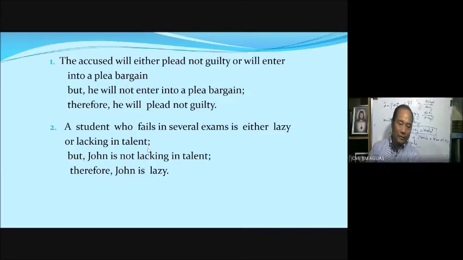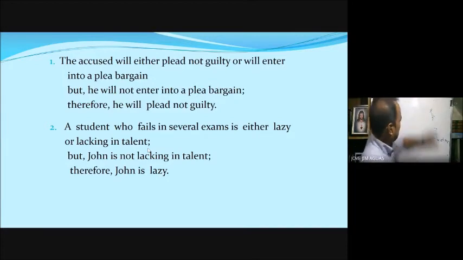Let's try this example here, because I combine the conjunctive and the disjunctive. Take note of the difference in the application of the rules between the disjunctive and the conjunctive syllogism. Let's take number one.